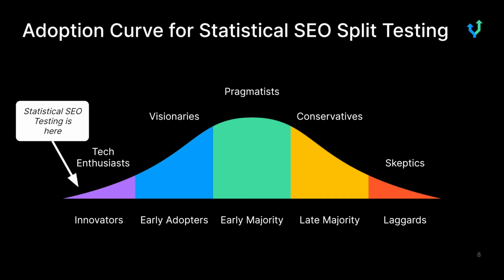Only large brands like Amazon and Pinterest and eBay had the abilities to do conversion rate optimization back in 2012. Fast forward 7 years later, now almost every major website has a CRO team and a CRO tool. My prediction is you're going to see a similar adoption curve for SEO split testing tools and teams as you did with conversion rate optimization teams back in 2012.